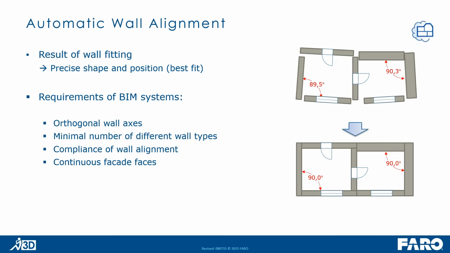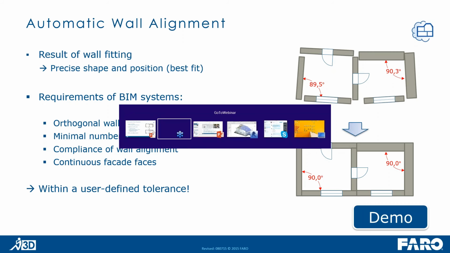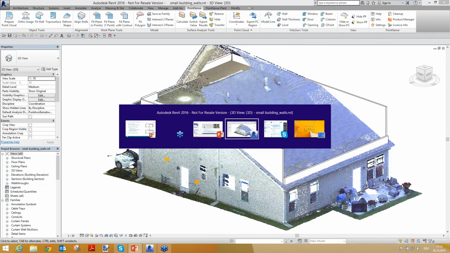And so you want to create a model like this. But all of this alignment should be within a user-defined tolerance. So the user defines how much he will allow the wall to be moved to the new position instead of being the best fit in the point cloud. And this is something I want to show you in the software itself.